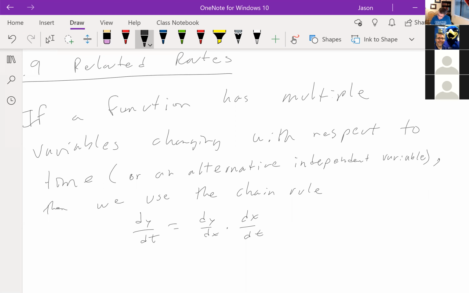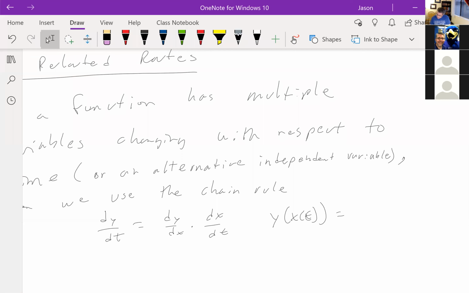Well, the idea here is this, we could write it like this: if we had, say, y of x of t, meaning that x is a function of t, you could think of it as, we'll take the derivative of this thing with respect to x, take y prime of x of t times x prime of t.